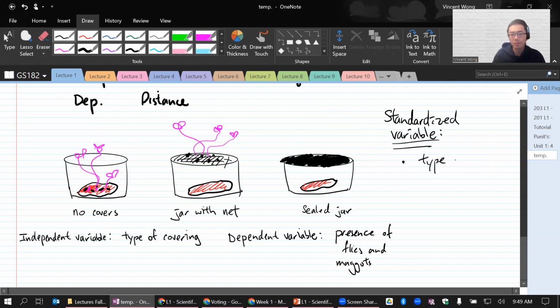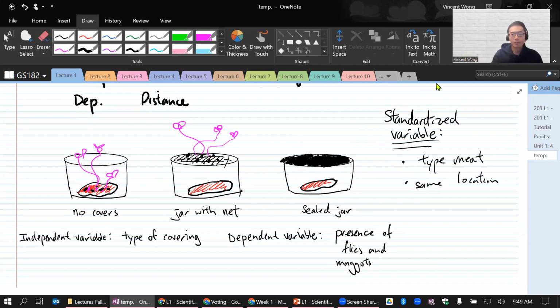That's right. You don't want to be using some meats that are older than the others, same kind of meats. Okay, the same environment. You don't want to be leaving this under the table and the cupboard, and then these are outside, right? You want to leave them in the same place. Same location. Yep, same temperature, same weather, very good.